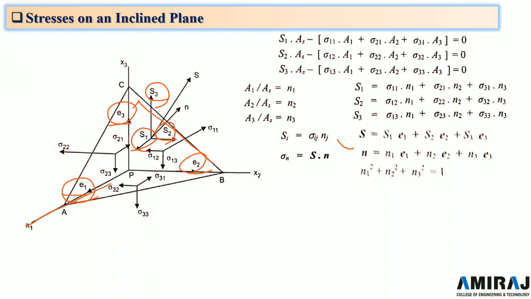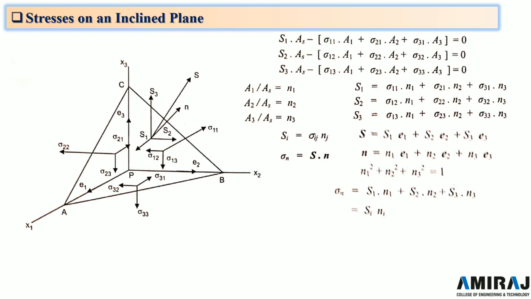By substituting we get sigma n is equal to S1 N1 plus S2 N2 plus S3 N3. So we can say Si Ni.